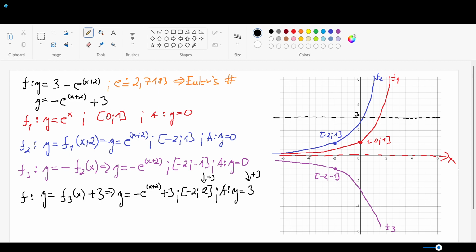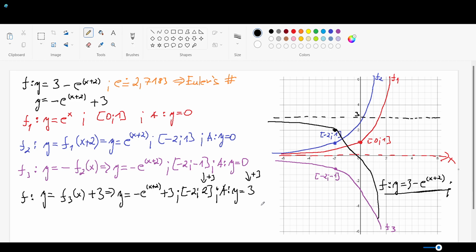So my asymptote now passes through y equals 3, and my point -2, -1 is transformed to the point -2, 2. My function should look like this, the function defined by the equation y equals 3 minus e to the power of x plus 2.